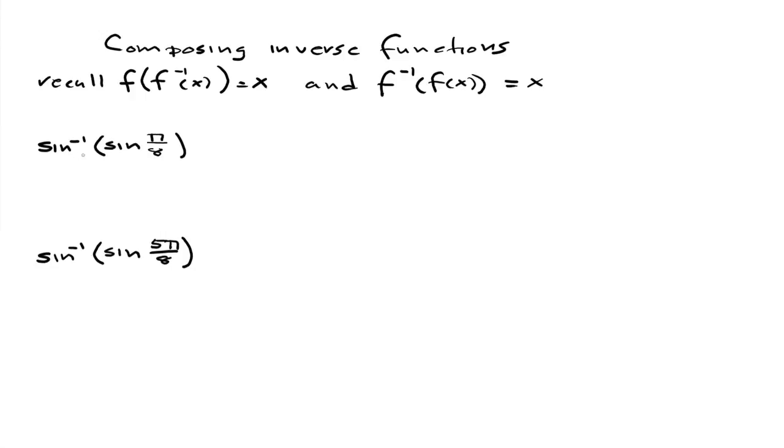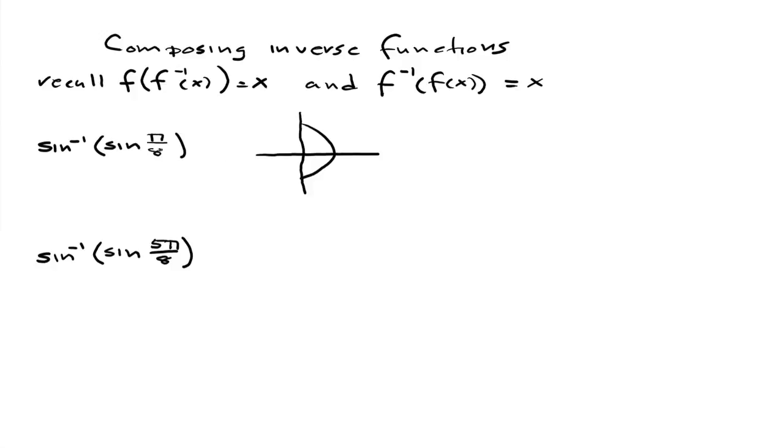So if I want to take the inverse sine of pi over 8, I have to know that pi over 8 is in the right spot, right? Because the domain, again, for inverse sine is negative pi over 2 to pi over 2.